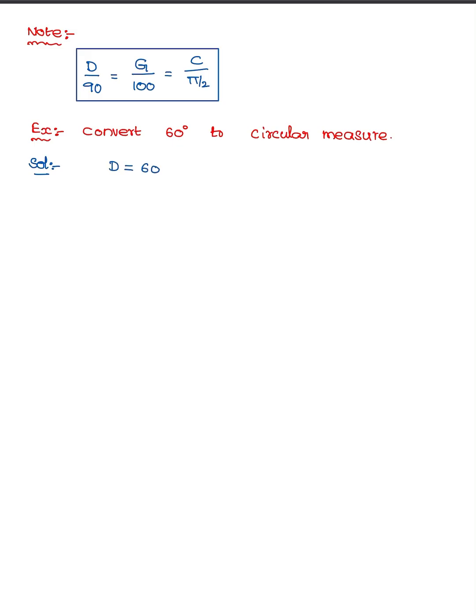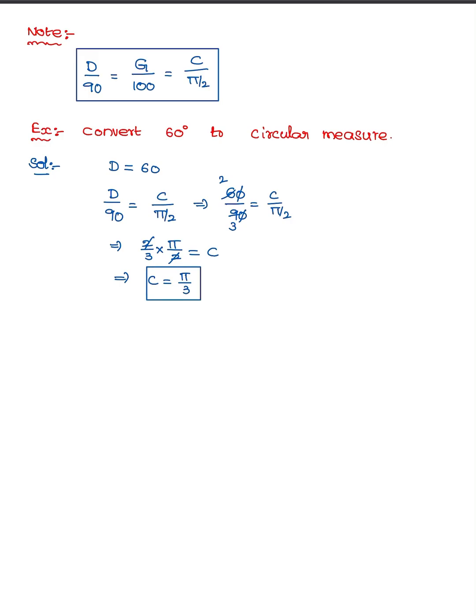And the formula you know already, that is D by 90 is equal to C upon pi by 2. So replace D with 60. So 60 by 90 is equal to C upon pi by 2. The 0 gets cancelled, 3 twos are 6, 3 threes are 9. That implies 2 by 3 into pi by 2 is equal to C. The 2 and 2 get cancelled. So C is equal to pi by 3. That means 60 degrees is equal to pi by 3 radians. This is one method.